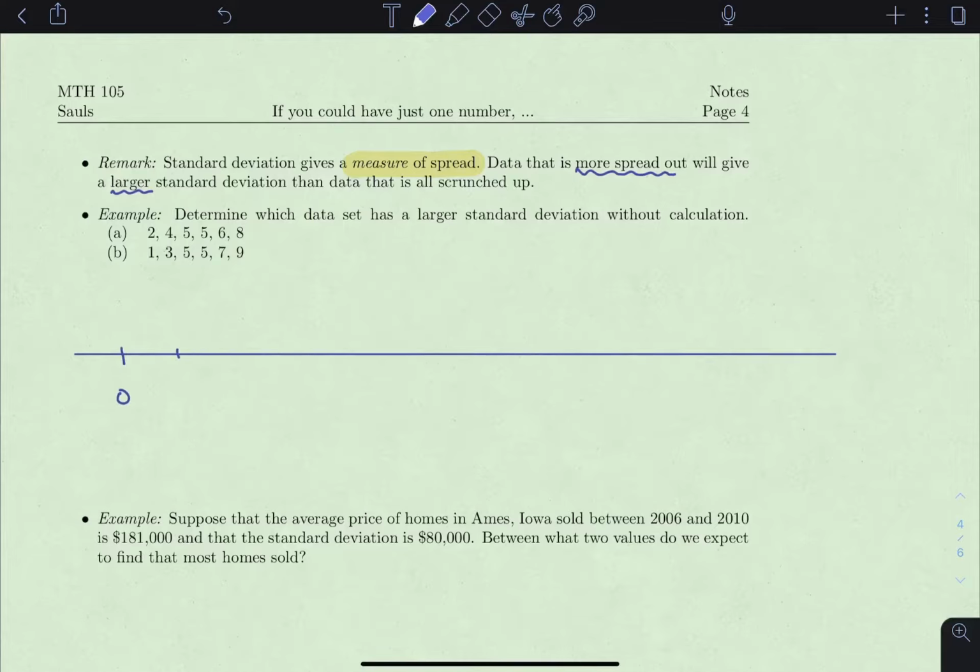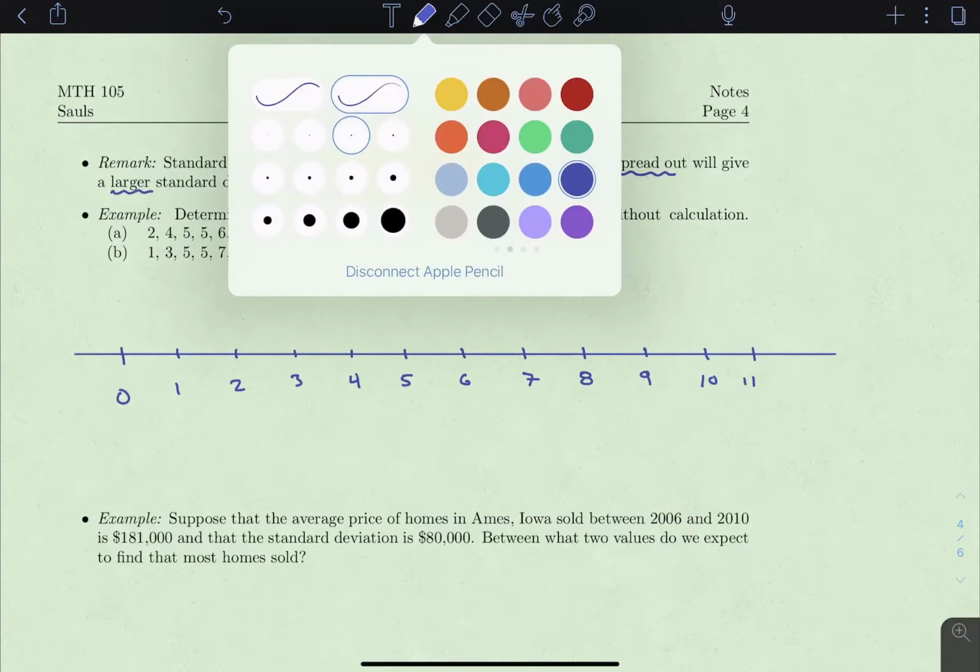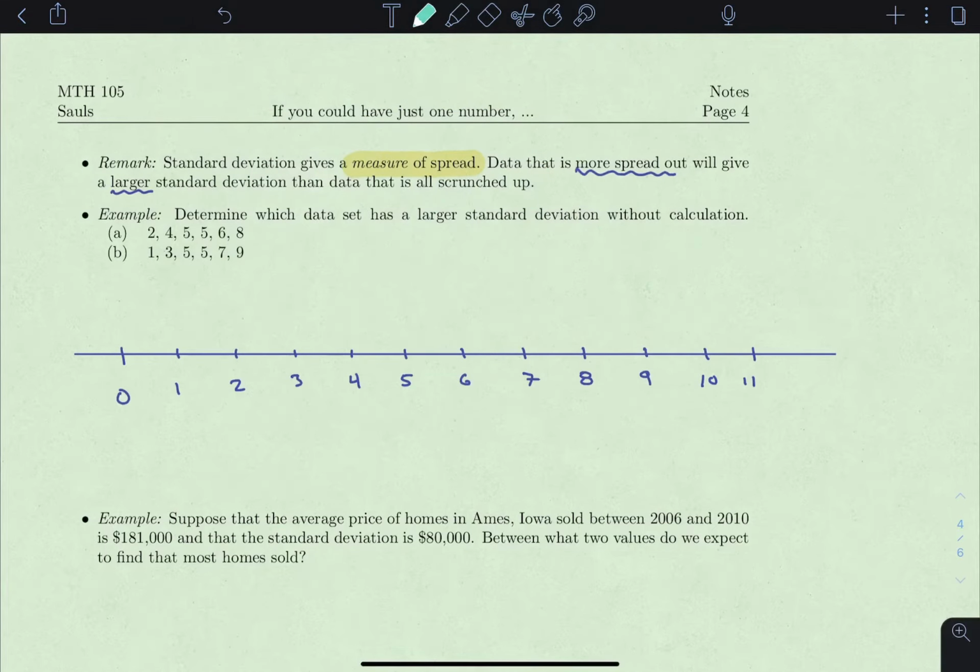So 1, 2, 3, 4, 5, 6, 7, 8, 9, 10, 11. And let's just go ahead and give ourselves a bigger radius there.